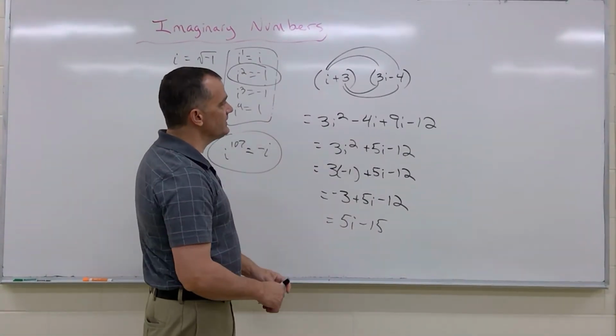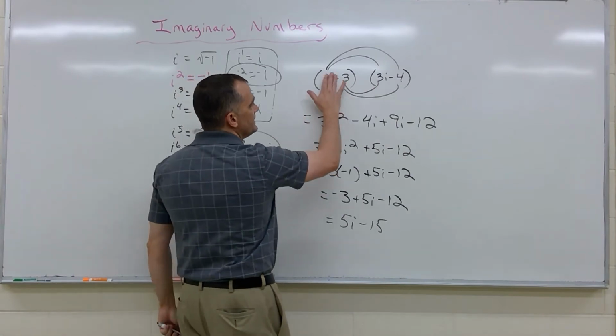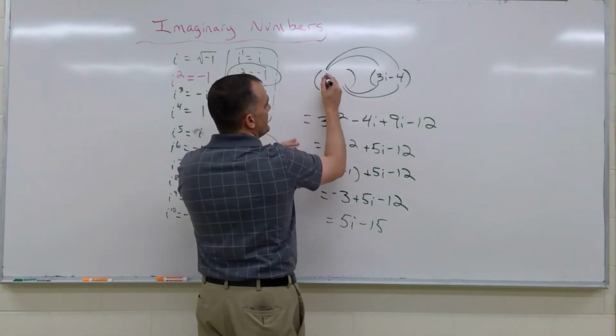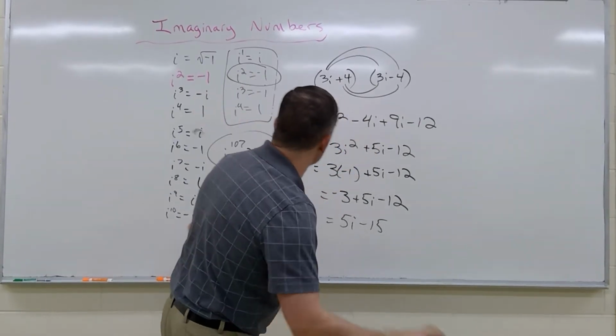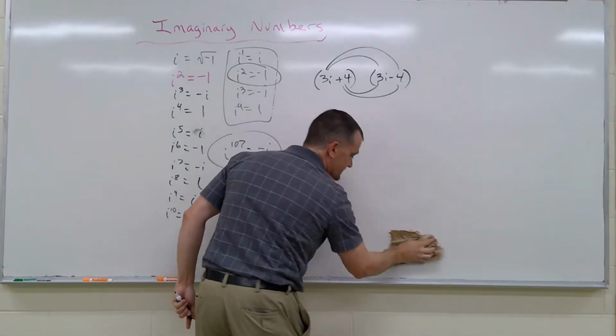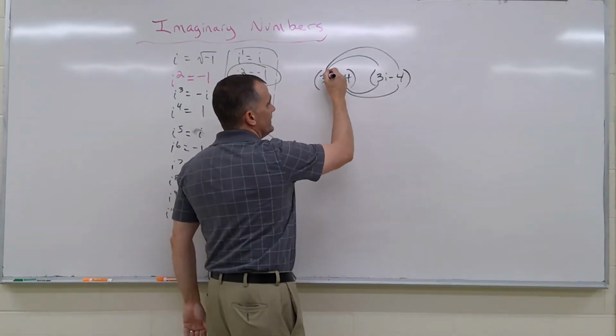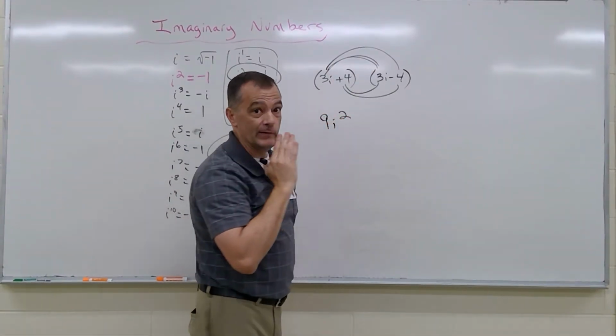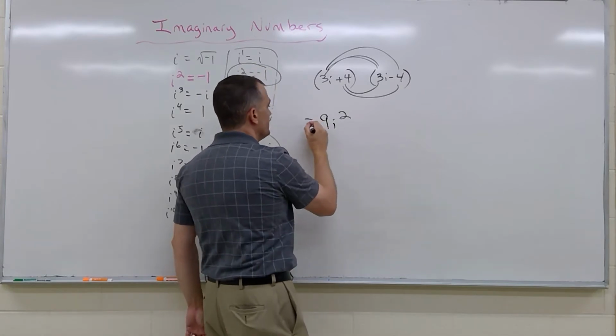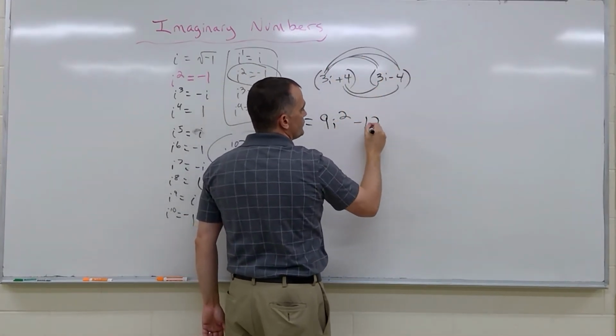So instead of doing this, if I were to simply change this one to say 3i plus 4, let's look at the magic that happens in this scenario. This is 3i times 3i, your 9i squared. We know what we're going to do with that i squared. The outer becomes minus 12i.